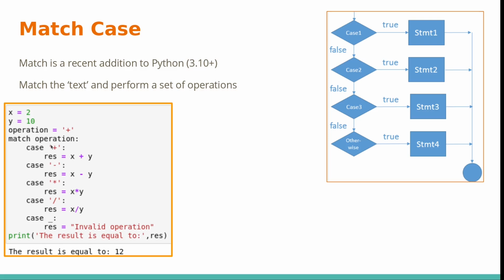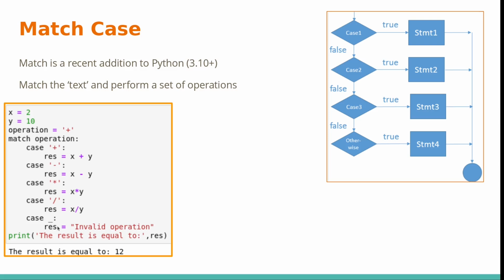Now look at this match code block. What it says is match the operation, and if the case is plus, then my result is x plus y. So it takes 2 plus 10 and gives me 12, which is what it's doing here. If the case were minus, it will do x minus y. If I give my operation to be multiplication, or that star sign in quotes, then it'll give me x times y.